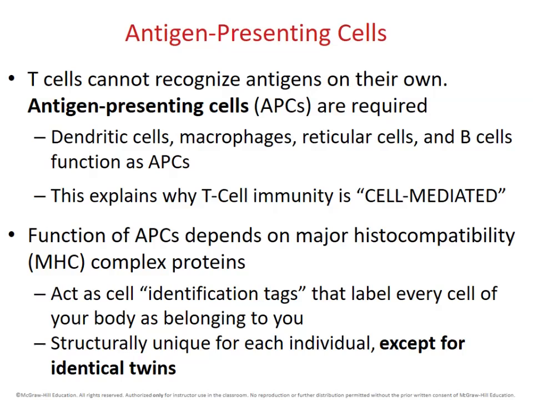What they all have in common, guys, is that they're all immune cells, of course, in some way. So dendritic cells are just macrophages that tend to be far away at the periphery, like in the skin. Macrophages are those general phagocytes that just move around the body, you know? They could be known as reticular cells or B cells. They all function as APCs.